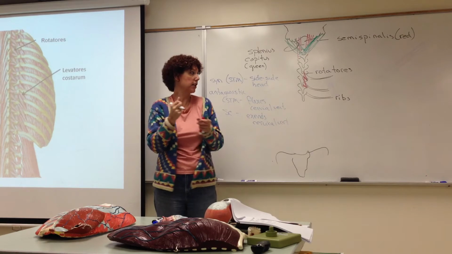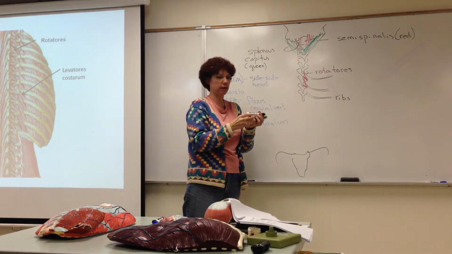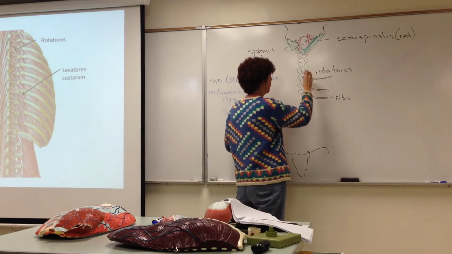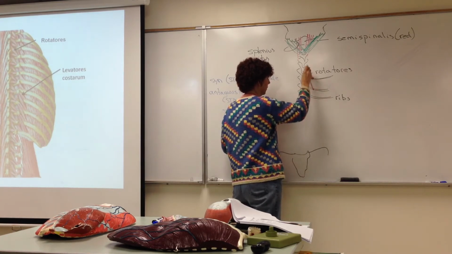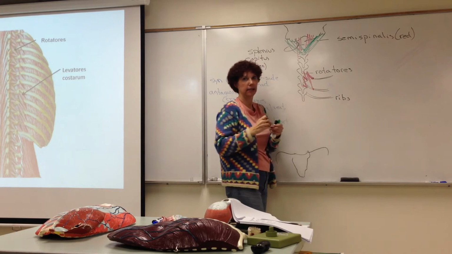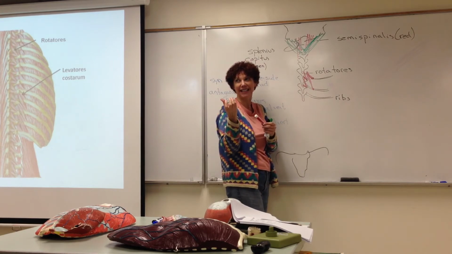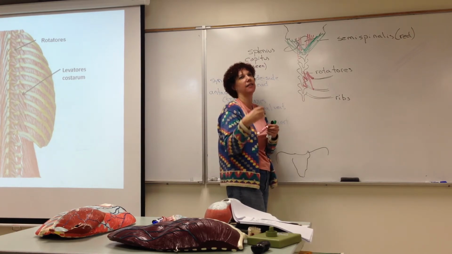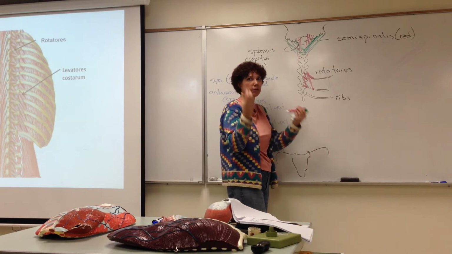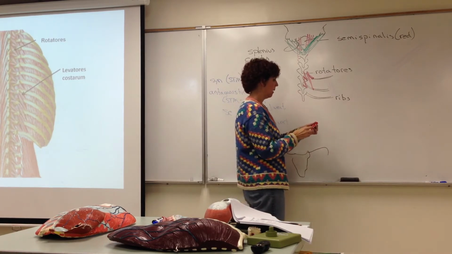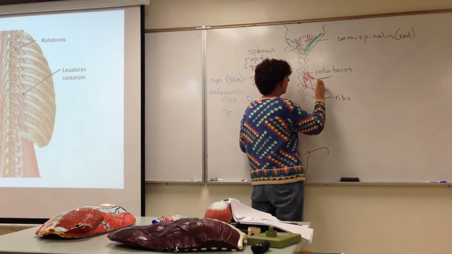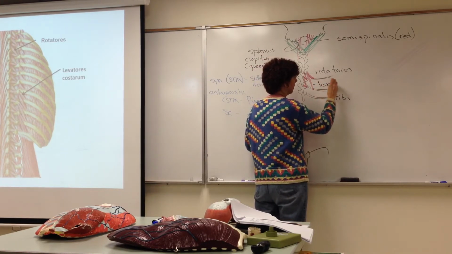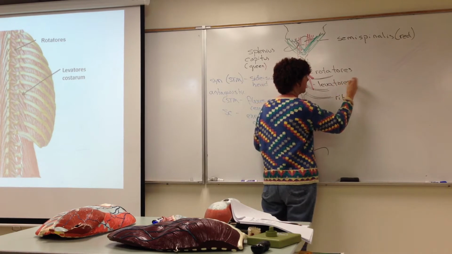So we have rotation. And then the levatores costarum come off the transverse processes and go to the ribs, hence the inclusion of costal facets, or costal joints, or vertebral components. So these are the levatores, meaning they lift up the ribs.